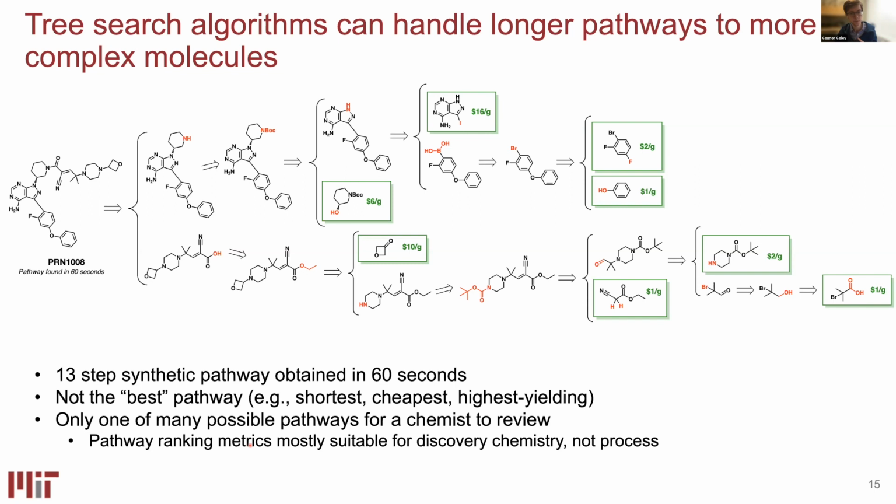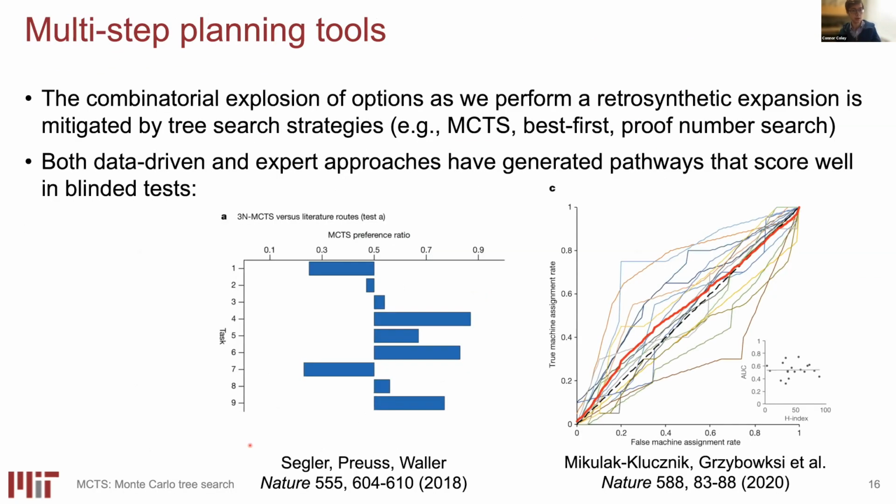Now, these multi-step plans, again, they're not guaranteed to work, but it's been shown for both data-driven systems on the left and expert programs on the right that the pathways produced by these models can be of comparable quality to pathways that you find in literature. Both of these studies, first by Marvin Segler for a data-driven system, and then by Bartosz Drabowski for an expert system, showed their suggested routes to a panel of chemists, compared to literature routes for the same targets.